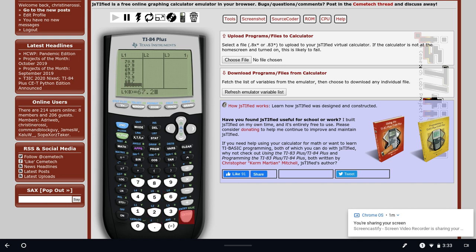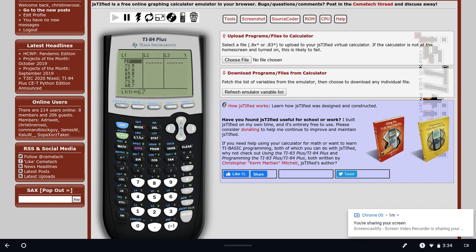67.2. Now we're going to scan the data to make sure that we typed it all in correctly. Oh, I've got 67.6. Because if you make a mistake in here, there's no way to know that what you have is incorrect.